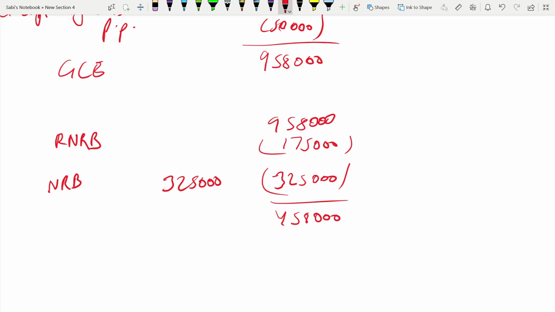So the moment you deduct the residence nil rate band and nil rate band from the gross chargeable estate, the taxable amount is 458,000. This is very important for your baseline. Whether the inheritance tax is 40 or 36, now we'll calculate the baseline amount and see.